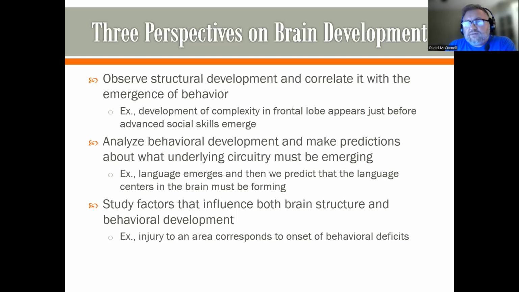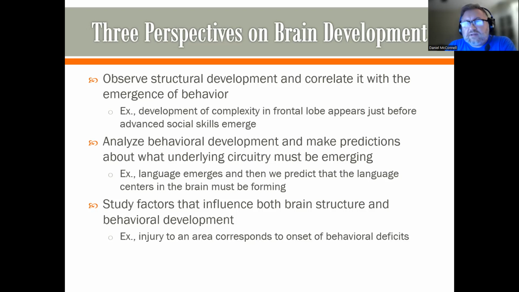And even further on that topic, as we think about aging, we could also take these three perspectives that are listed here and understand how certain changes in the brain relate to some age-related declines that we may experience.